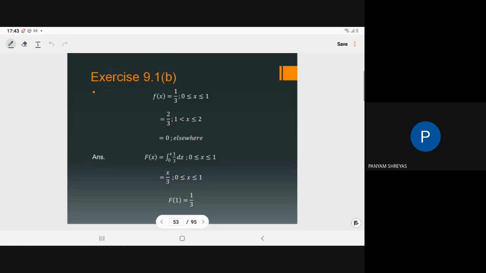Let us have this example. fx is equal to 1 by 3 for x between 0 to 1, and 2 by 3 for 1 to 2.